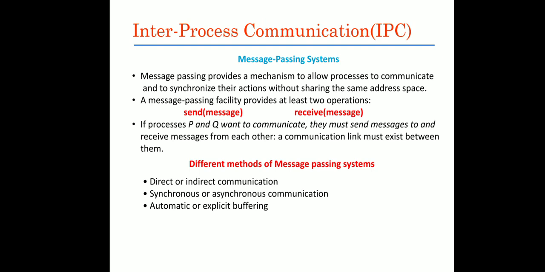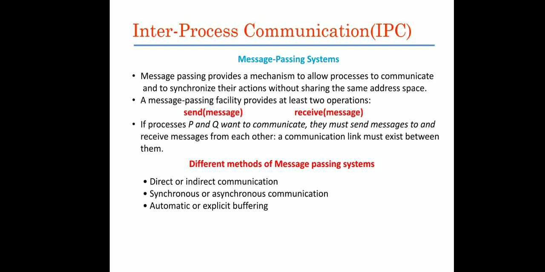Every time, we use different memory for communication. In this message passing technique, we use different primitives for sending and receiving messages. We use the send primitive for sending the message. We also use the receive primitive for receiving the message from the sender.